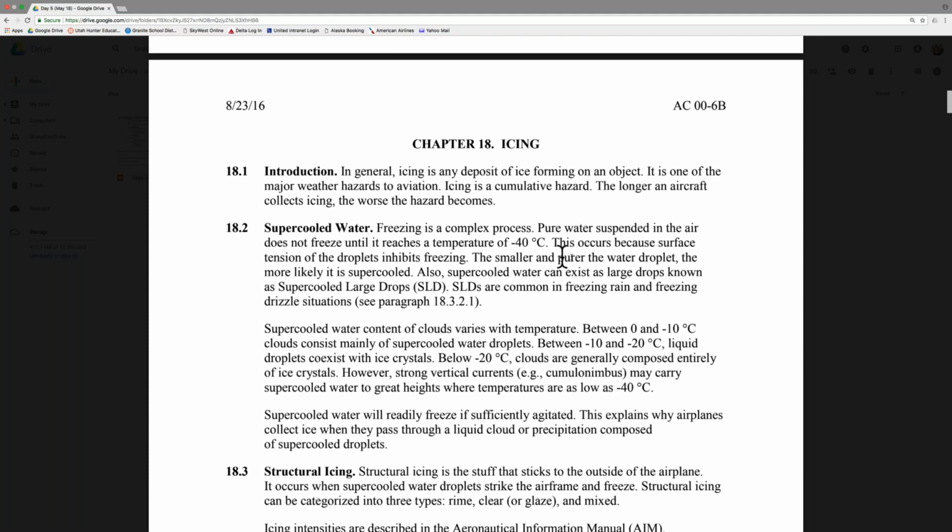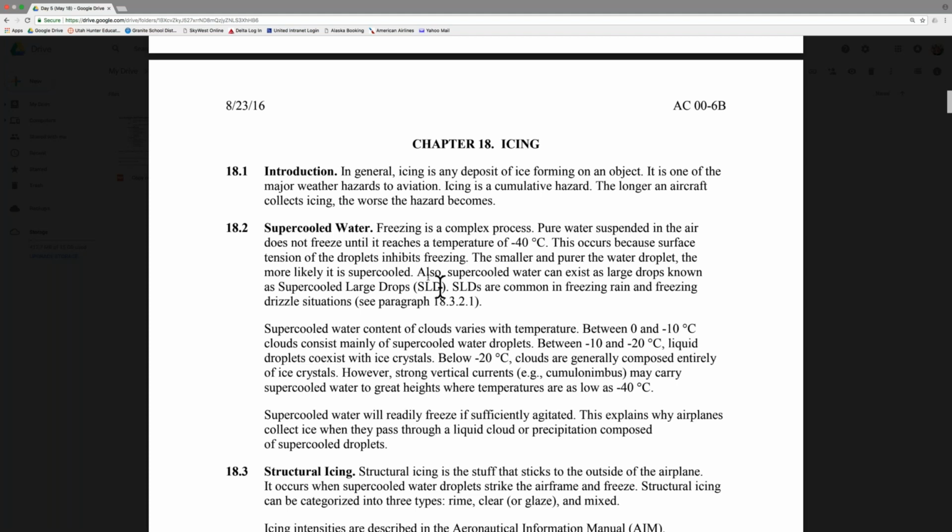That's the same thing as this supercooled water. It's just the surface tension inhibits the freezing. So as soon as that surface tension is broken, then we get instant freezing.